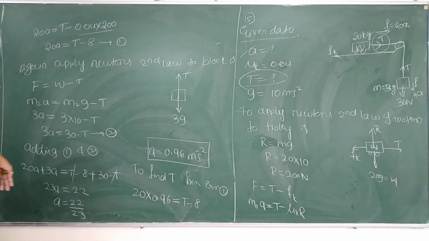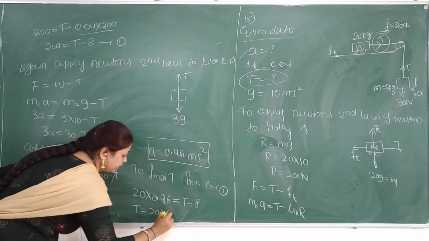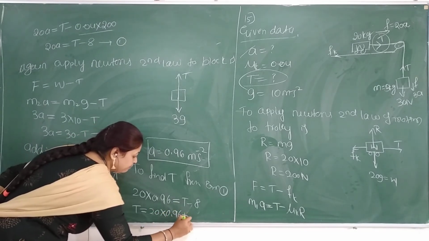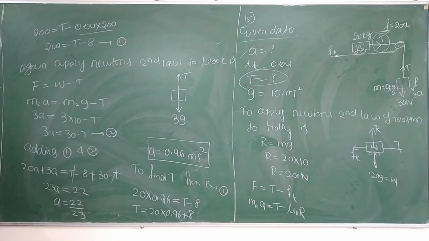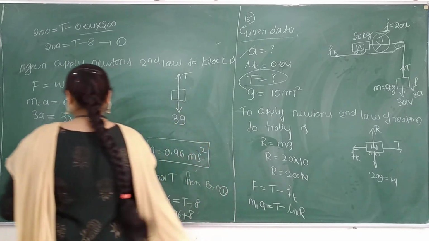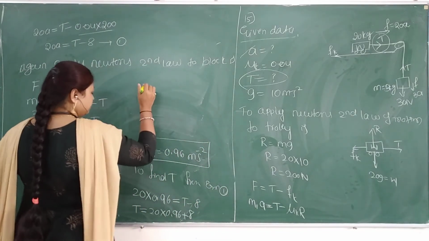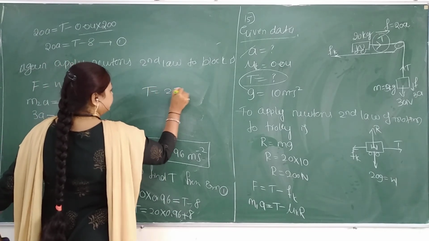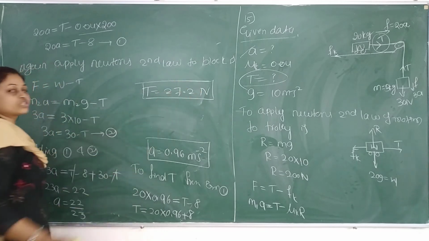Take the minus 8 to the other side, and you will get the tension T. So 20 into 0.96 plus 8. So what is the value of tension here? How much did you get? 27.2. I will write here. So T is equal to 27.2 Newton.